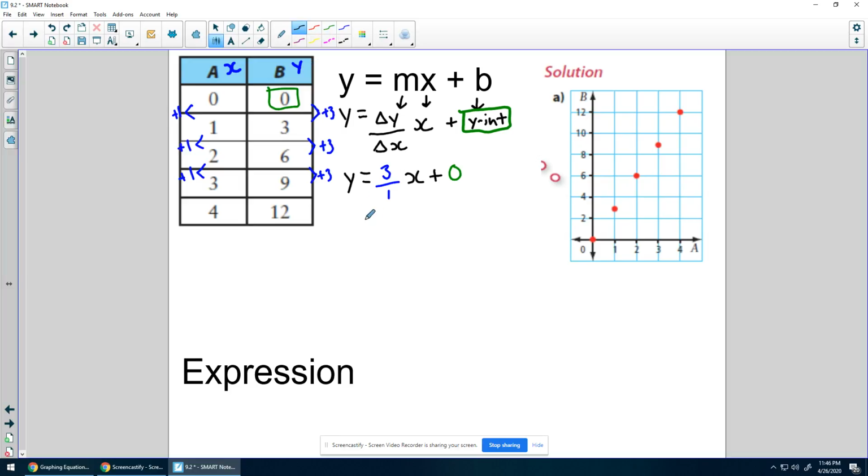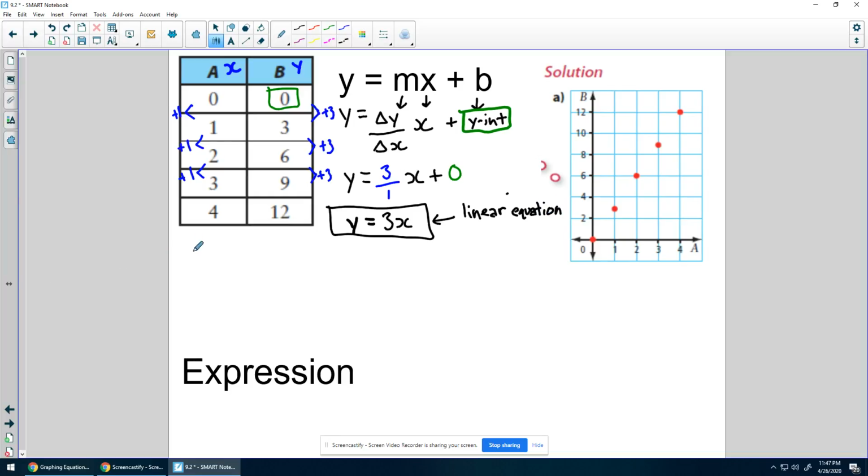All right, let's finish writing the rest. y equals 3 divided by 1 is just 3. x stays, plus 0. If you're adding 0, do you really have to write it? No. Okay, so this is our linear equation.